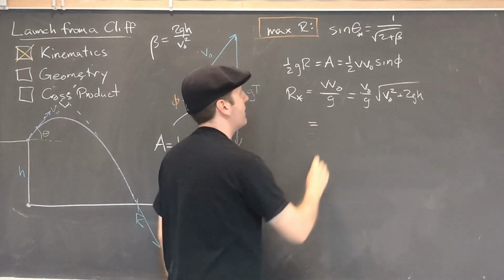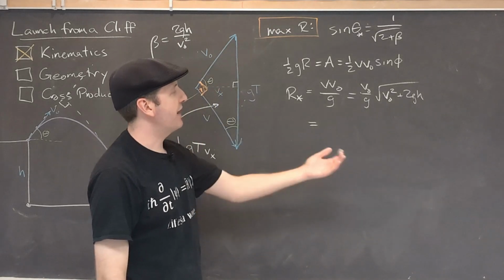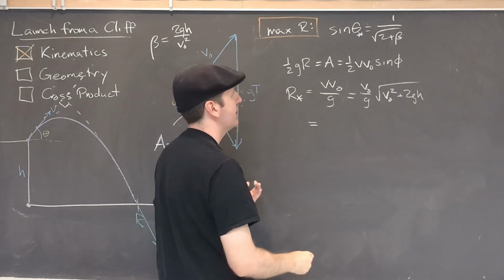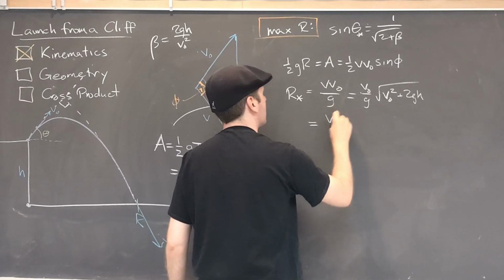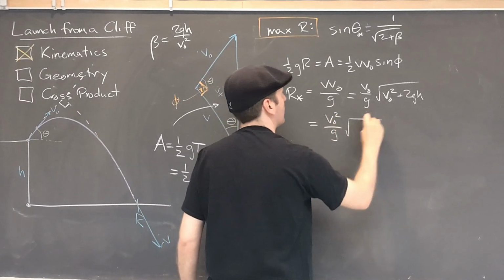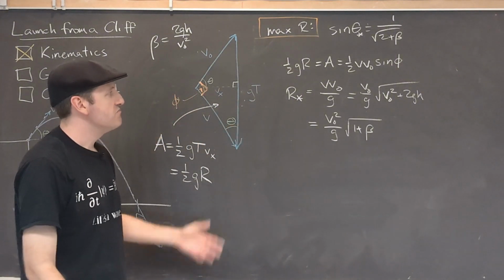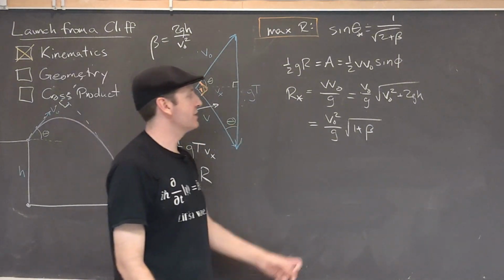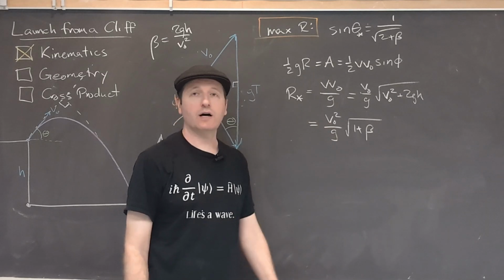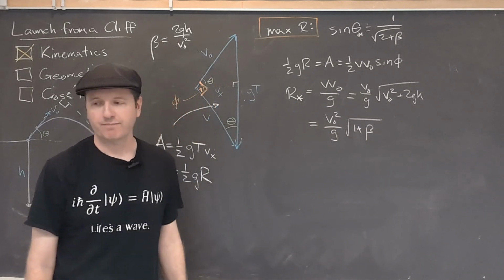And if we're going to rewrite this in terms of beta, let's factor out a V naught squared, and we'll end up with V naught squared root 1 plus beta. And sure enough, that makes sense. Notice again, if beta equals 0, I get that maximal range formula on level ground that we'd already calculated.